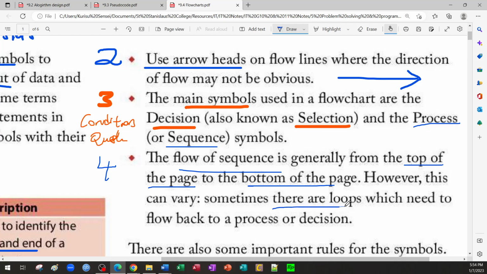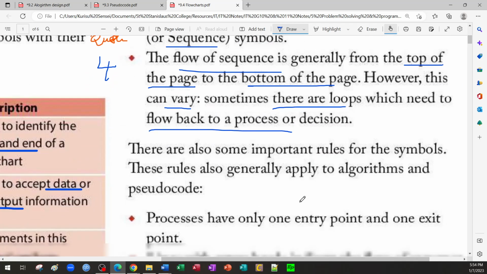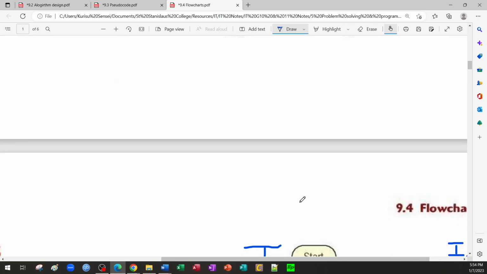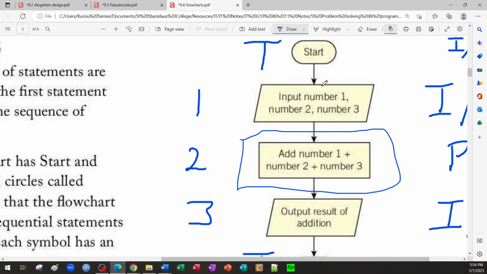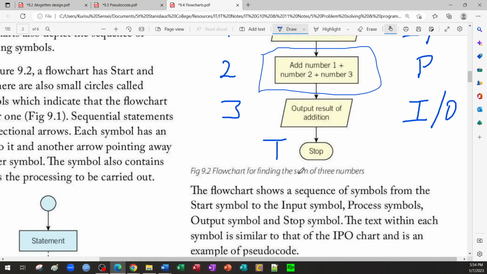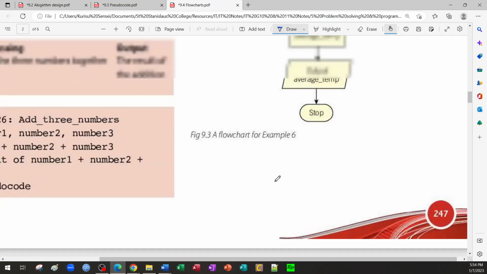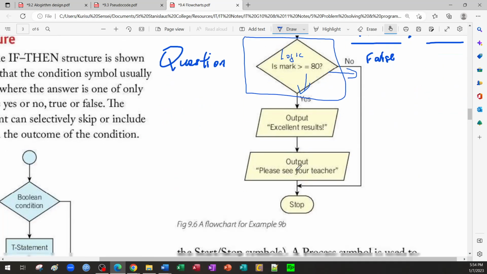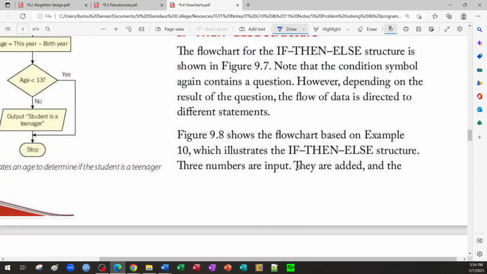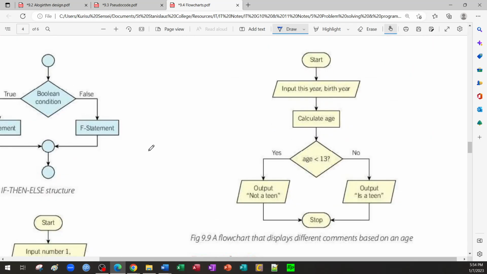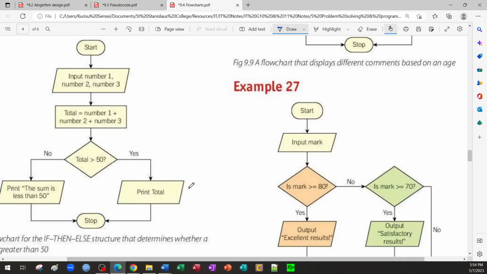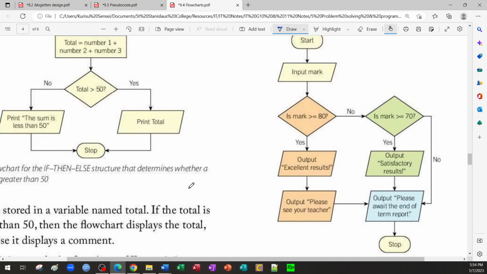Sometimes there are loops which need to flow back to a process or decision. So notice in all the examples, we're going top to bottom. But there are certain situations where you can go up.